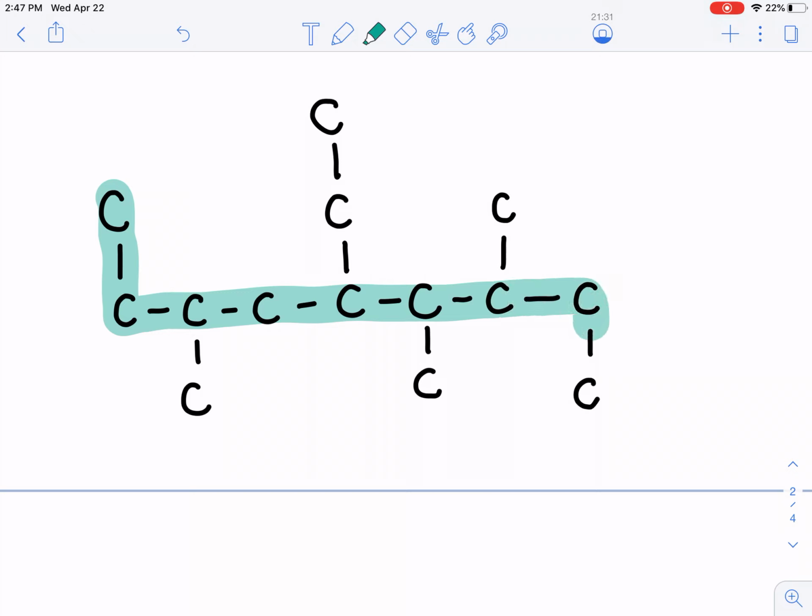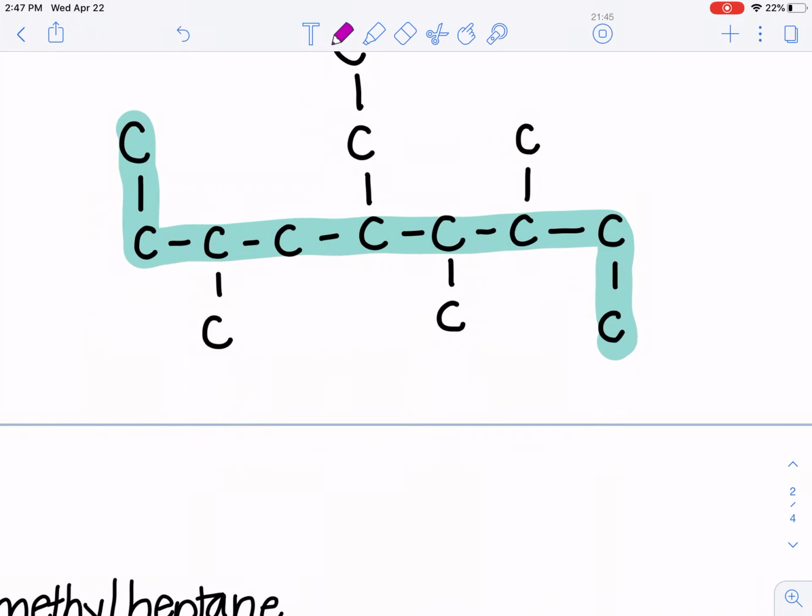This is a perfect example as to why you cannot have branches on the first or the last carbon, because they're not really branches. It's just the longest chain that's twisted. 1, 2, 3, 4, 5, 6, 7, 8, 9. 9 is nonane. 1, 2, 3, 4, 5, 6, 7, 8, 9.